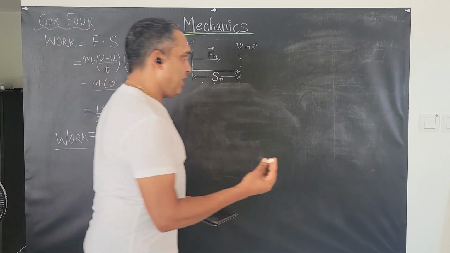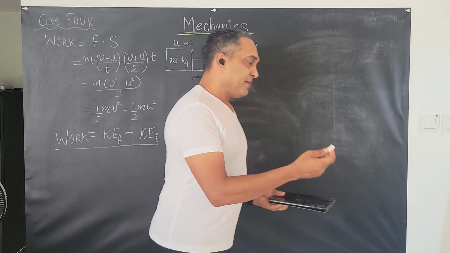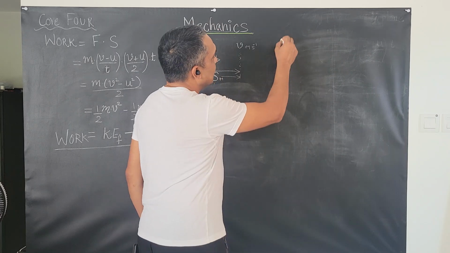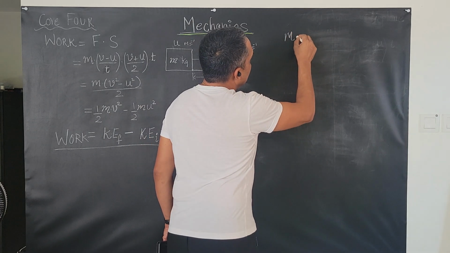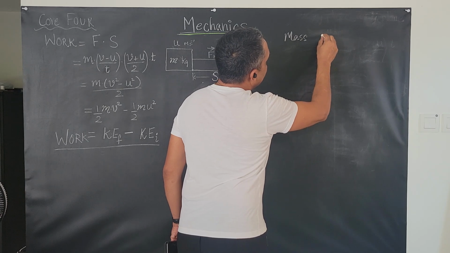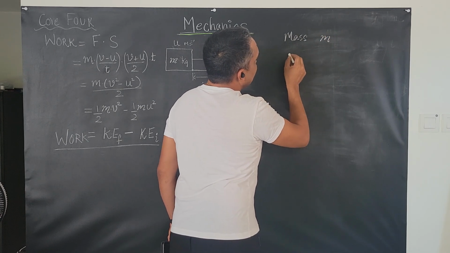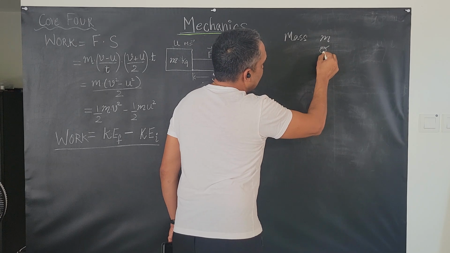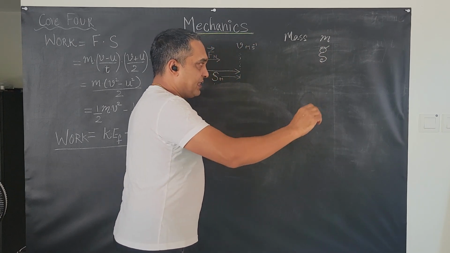If you know this chalk has a mass, let's say, m. We know that acceleration due to gravity is g, so that always exists.